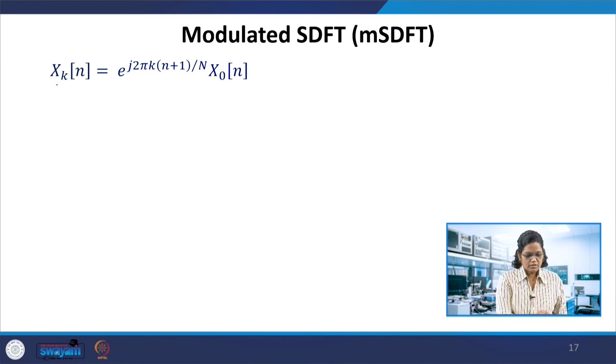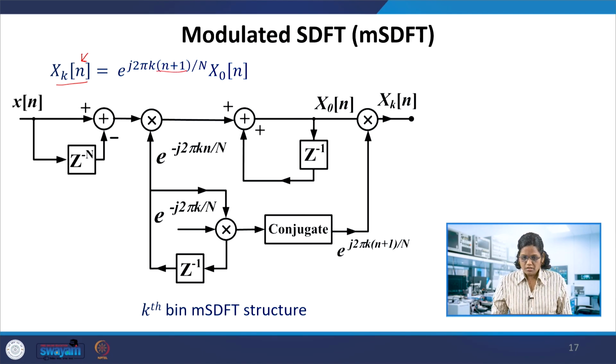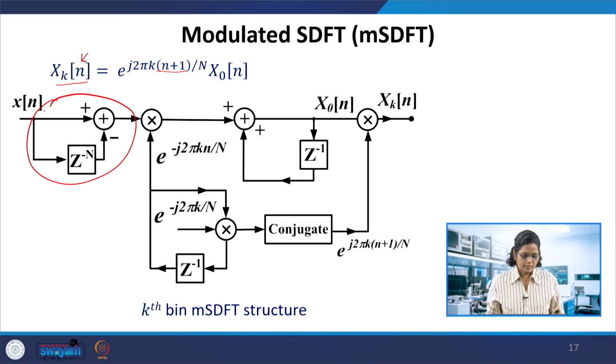So for any kth bin, this can be the instant I am showing here, e^{j2πk(n+1)/N}, that is, n plus 1, which we had written, times x_0[n]. So the diagram results in this way. First, that is x[n] minus x[n-N], the input delayed by N instants. So this is the comb filter.